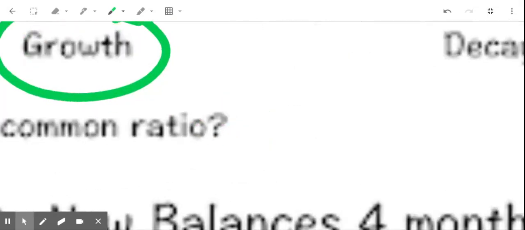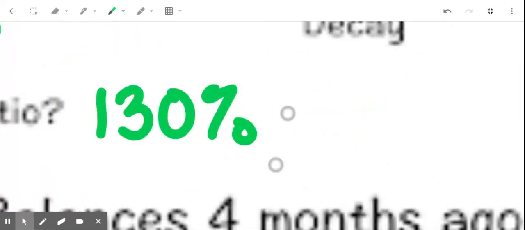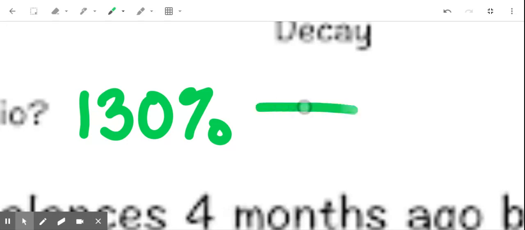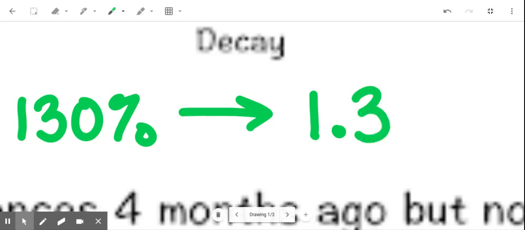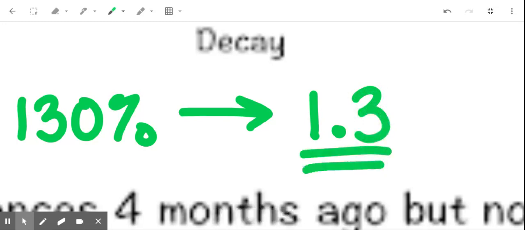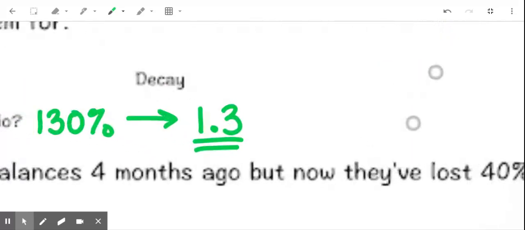And our common ratio is going to be 130%. But since we always write this as decimals, the common ratio will simply be 1.3. That's taking our 100% or our 1 and adding the 30% or our 0.3.